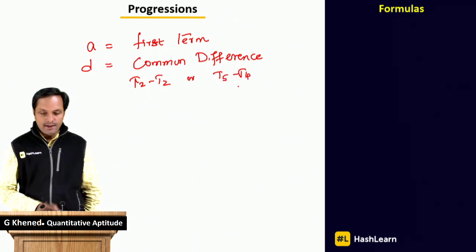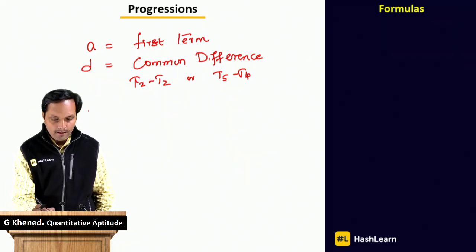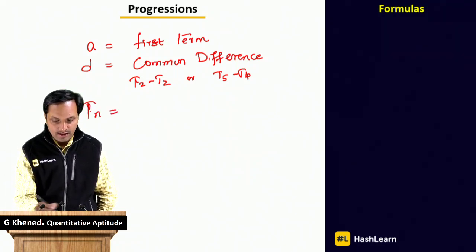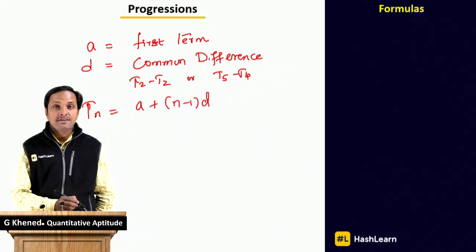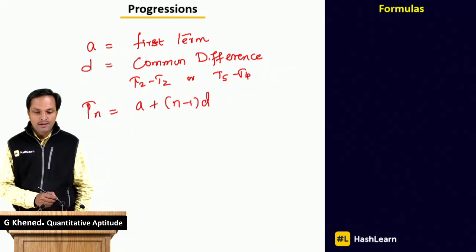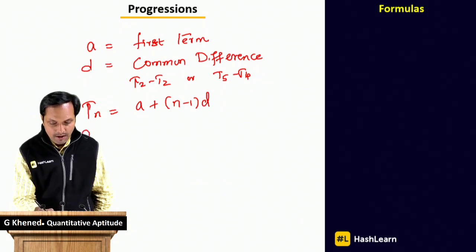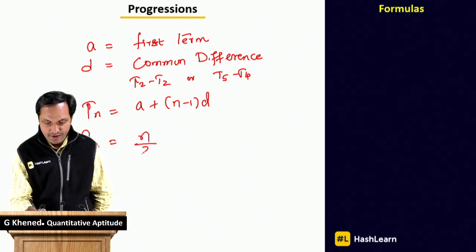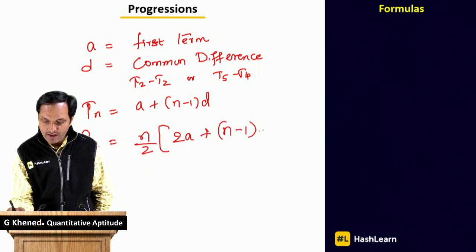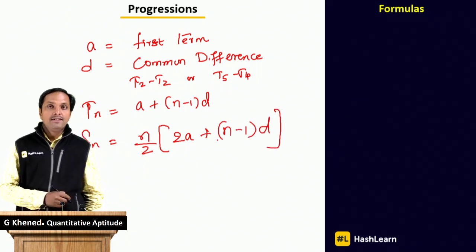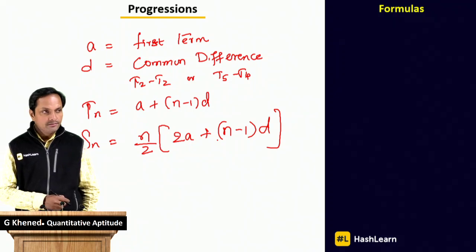Just take the difference. The nth term is A plus n minus 1 into D. A is the first term, D is the common difference, n is the number of terms. Sum of n terms is n by 2 into 2a plus n minus 1 into D. That is the sum of n terms.